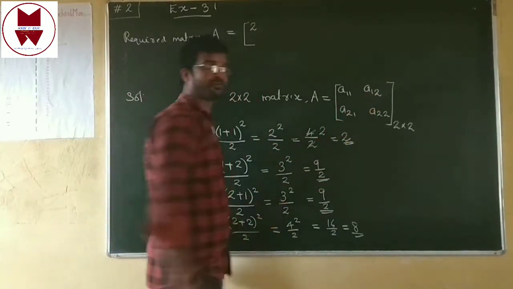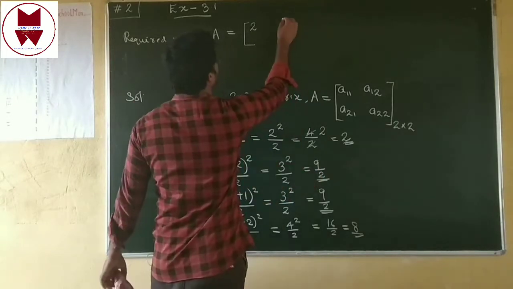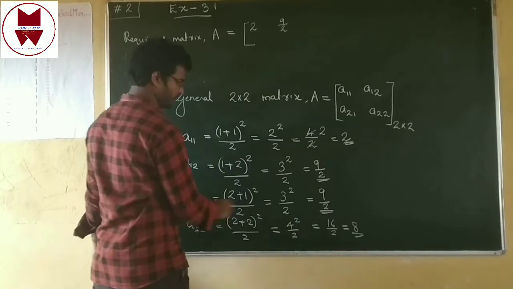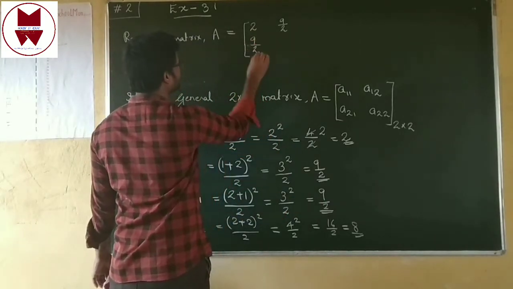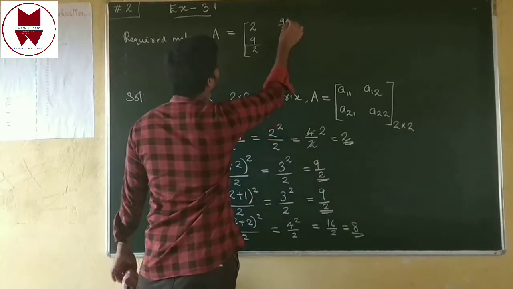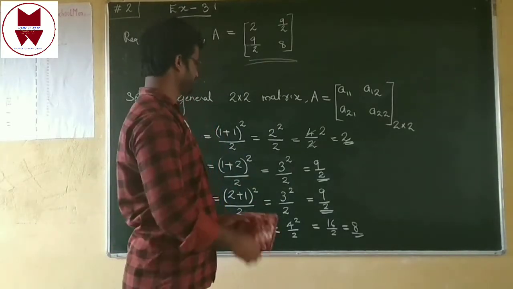Then A12, what is A12? A12 we also got, that is 9 by 2. Then A21, A21 is also 9 by 2. Then A22, A22 is 8. This is our required matrix.